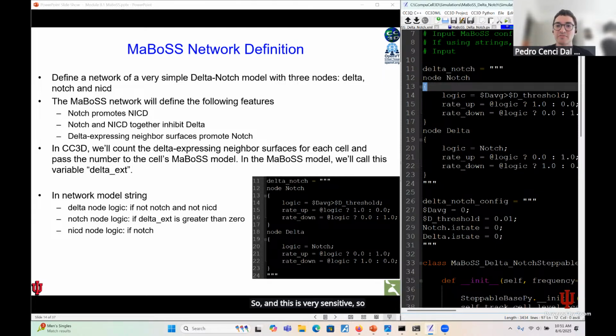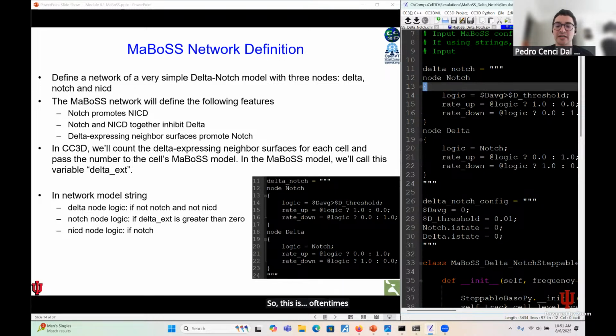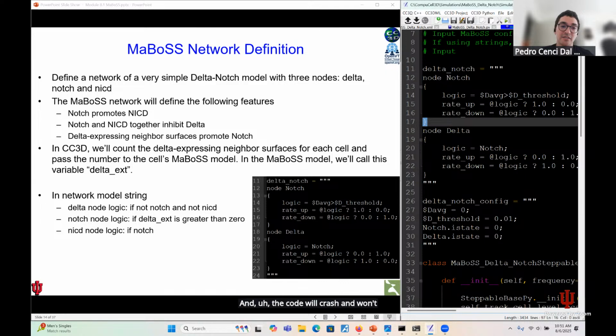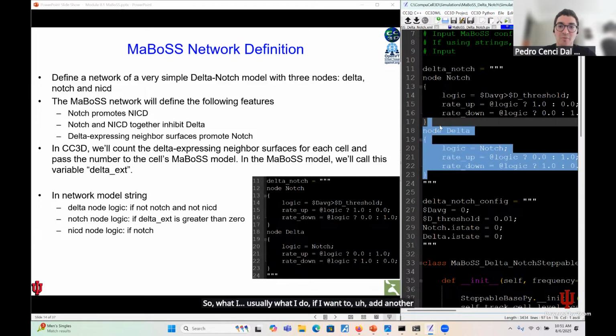C code is very sensitive to brackets and semicolons, etc. Oftentimes you forget to close one of these, and the code will crash and won't give any errors because the model is within a string. So usually what I do if I want to add another node is I copy an existing node, just to make sure I have all the symbols in place.